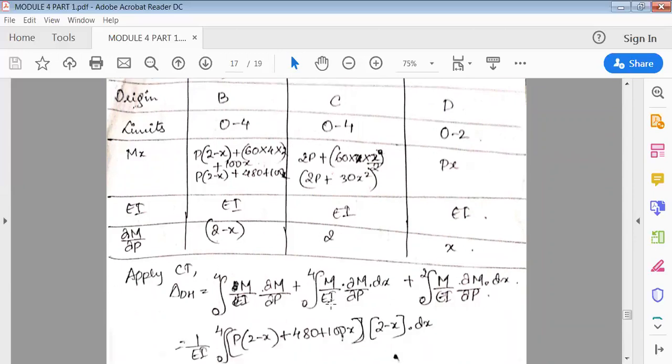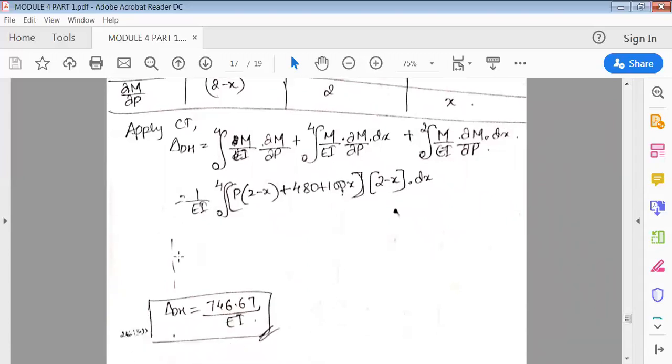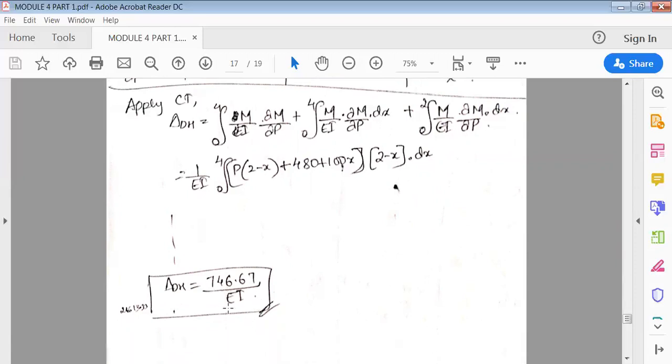When you go on integrating and solving, put P equal to 0. Once you put P equal to 0, things become simple. 0 into anything, this portion is 0. Only solve for this, multiply this into this. Once you go on solving, you get the answer as 746.67. Again, there is no EI value given, so 746.67 divided by EI.